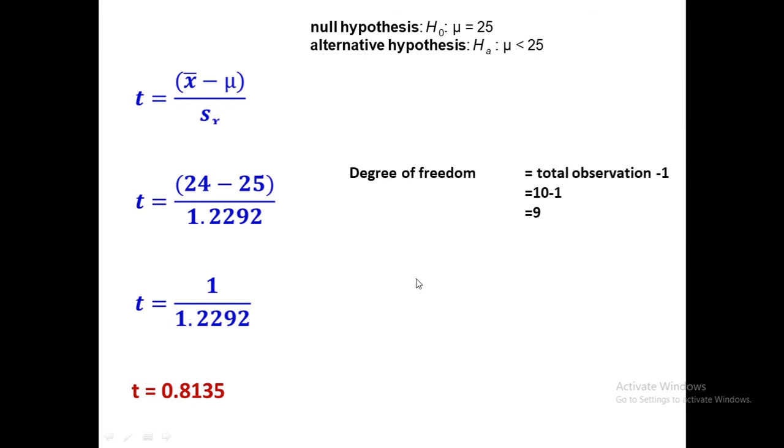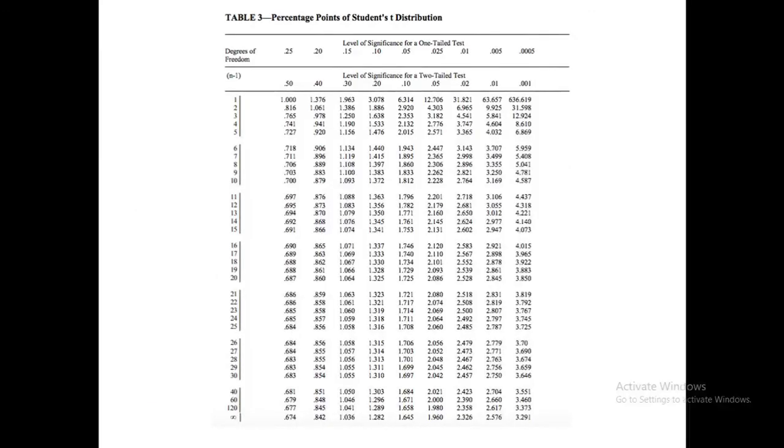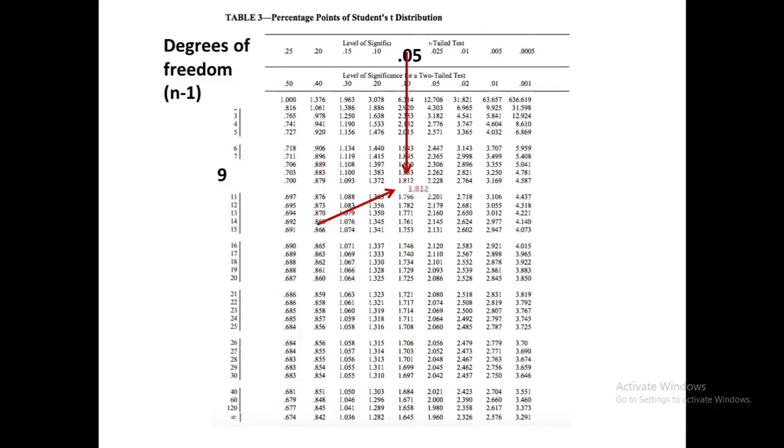Now we will again check this value in our t distribution table. As we know, the degree of freedom for this is 9, and 0.05 is our significance level. The tabulated value for this will be 1.812. Now we will go back to our previous slides.